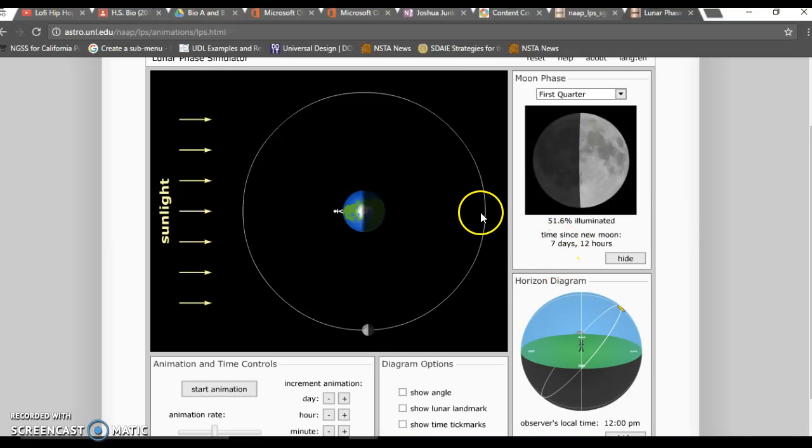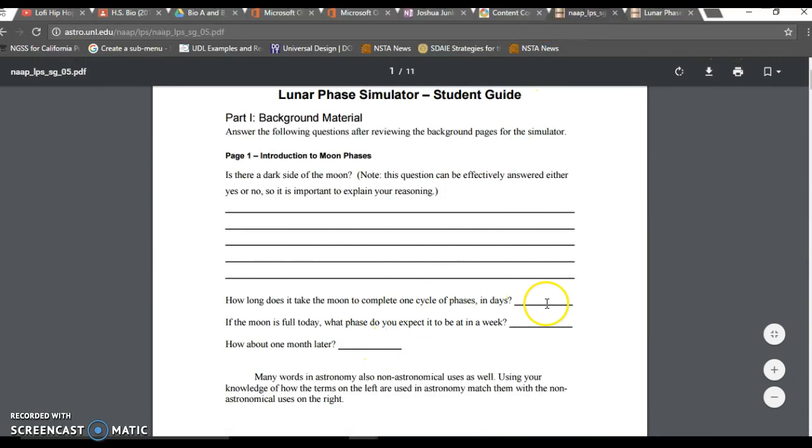If you drag it all the way around, full circle again, it needs to show 0 hours. Right before it says 0, how many days did it take to start over again? When it says 0, that's the start of the cycle again. How many days did it take? And that's what you'd write right here.